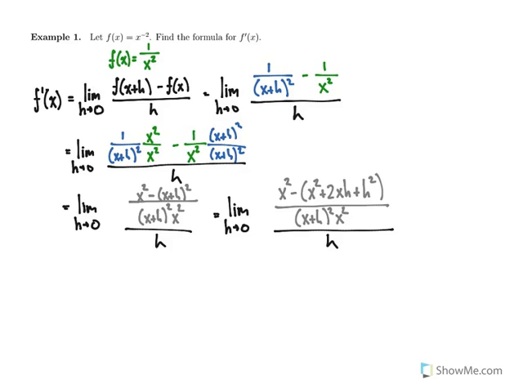And we can see that we are going to cancel out an x squared in the top, and that's the needed thing we need to do, to get rid of everything without h in it.